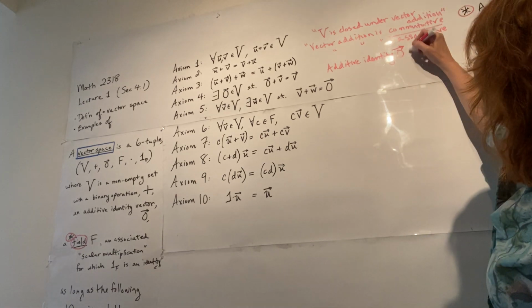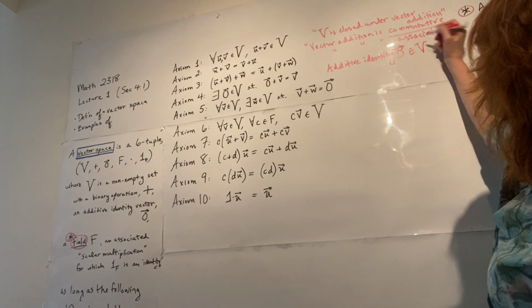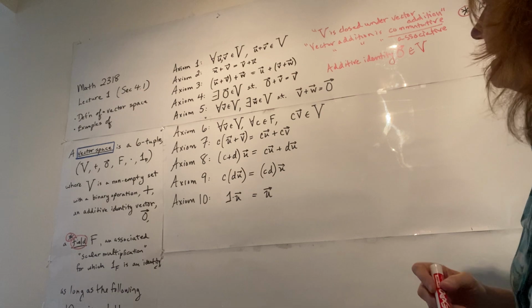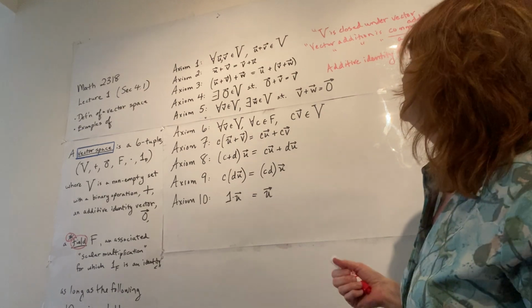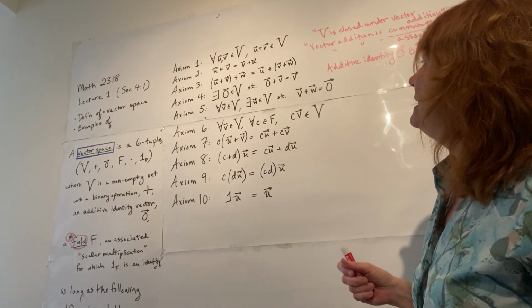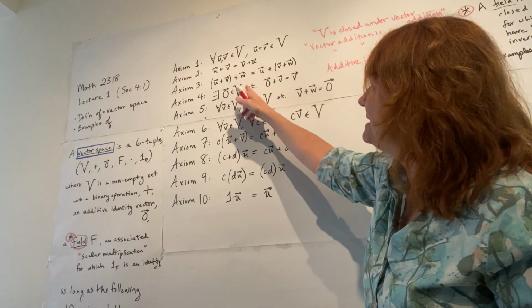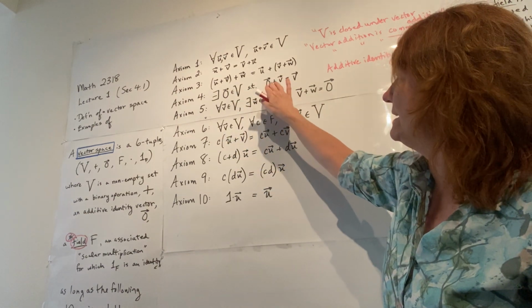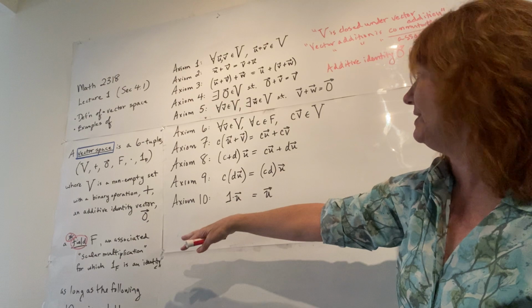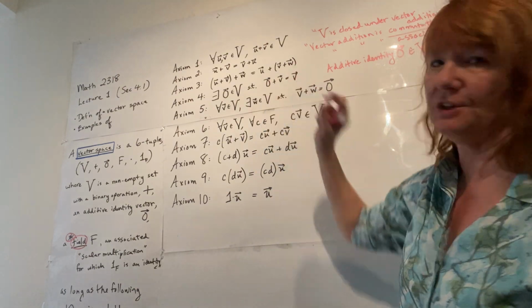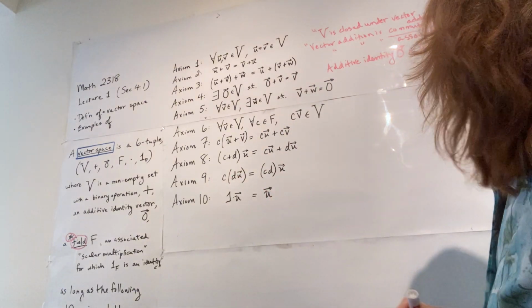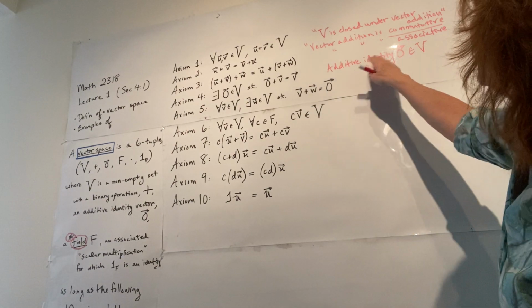The 0 vector has to be in the vector space. There has to be one, something that acts like that. And this is true for any vector in there. It has to be true that for any vector in the vector space V, if you add the 0 vector to it, you're going to just get that vector back. So we have that an additive identity exists.